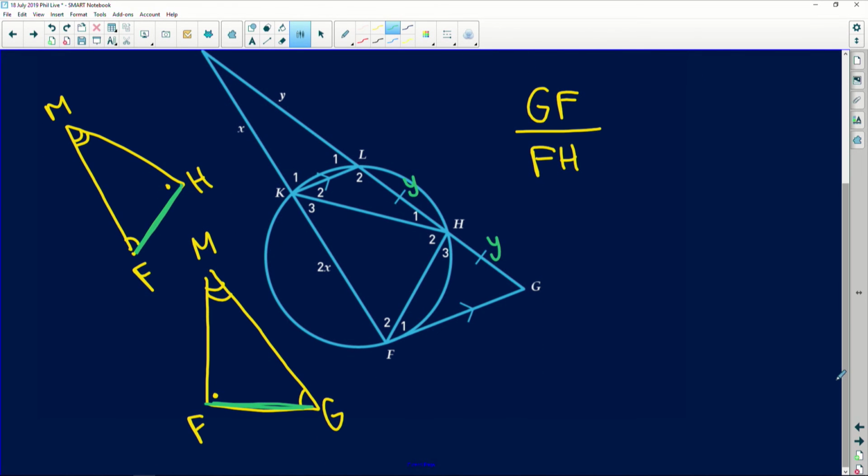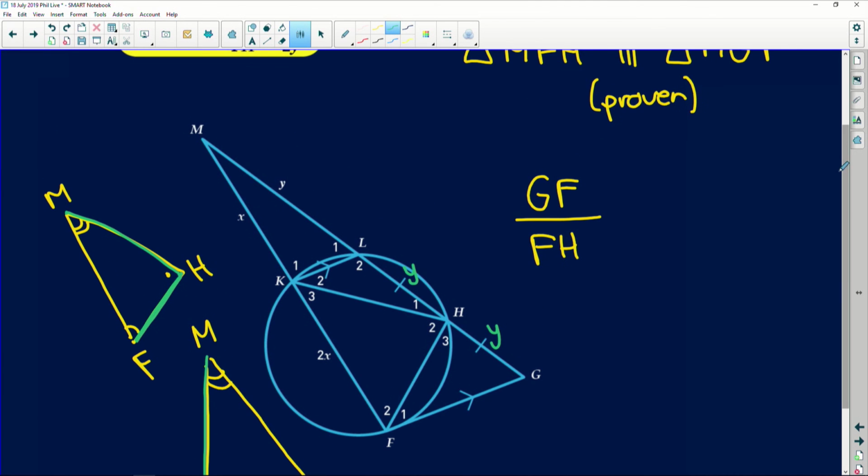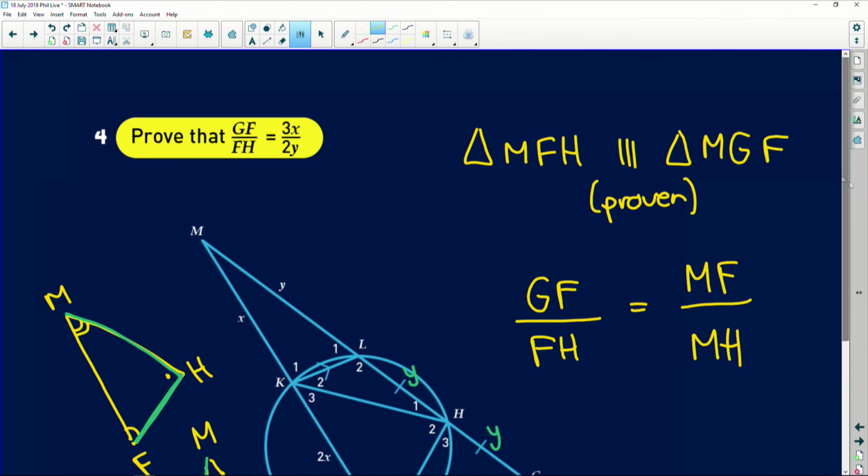So MH falls over here, and MF falls over here, and they are also corresponding sides. So you can say is equal to MF over MH. If you wanted to use your similar triangles up here, you could say GF over FH, which is a corresponding arc, is equal to MF over MH, which is another corresponding arc.